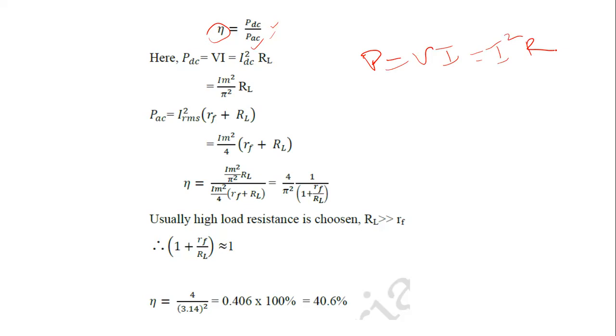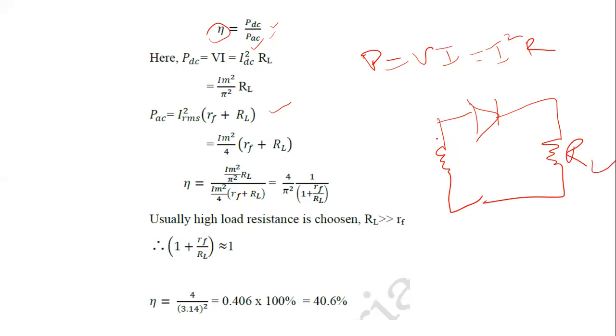Power of an electrical signal is I square R. So you can just put in the value of your DC current to get the DC power, I_DC square into R_L. You can also get the AC power connected to the circuit. As I said, you have the secondary coil, this diode, and the load resistance R_L. You are giving AC power via this transformer.